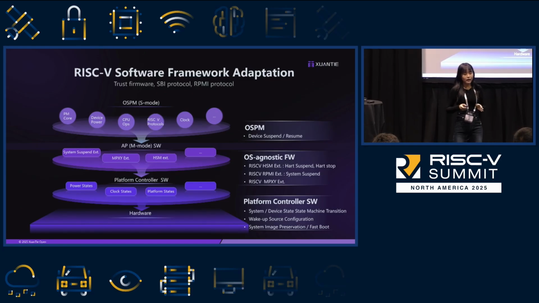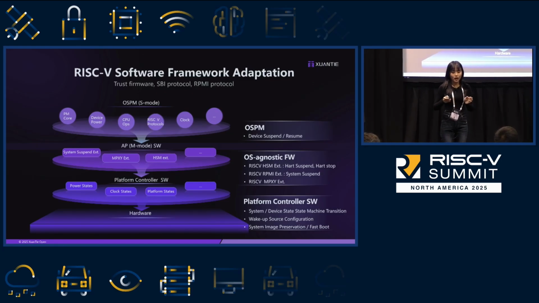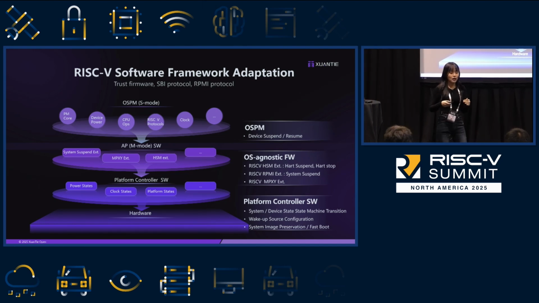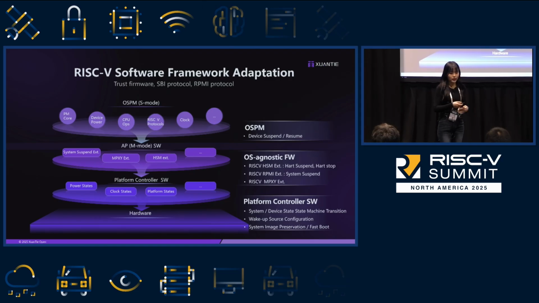And the system suspend in the standard protocols as well. Also, the MPXY extension for the communications of the intercore, like the AP cores and the system controller. And at the bottom, we have the system device state machine transition and the wake-up vector configuration I just mentioned, and the system image and the fast boot.